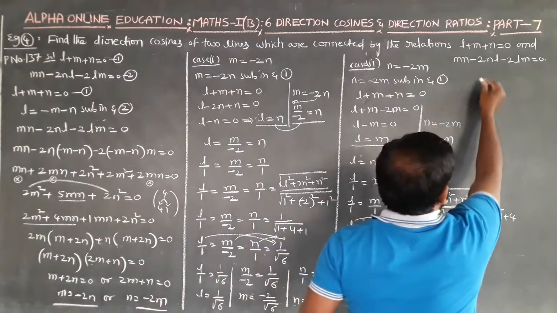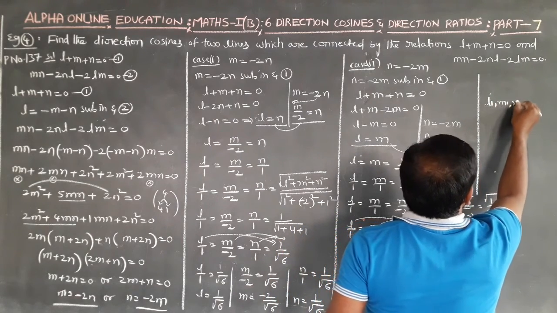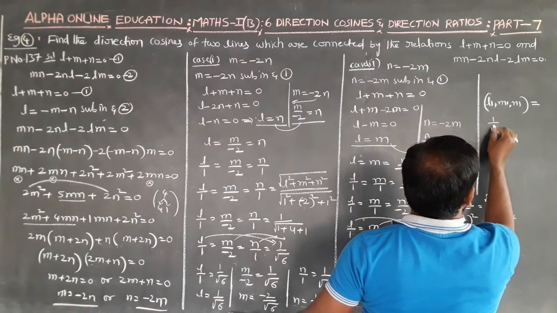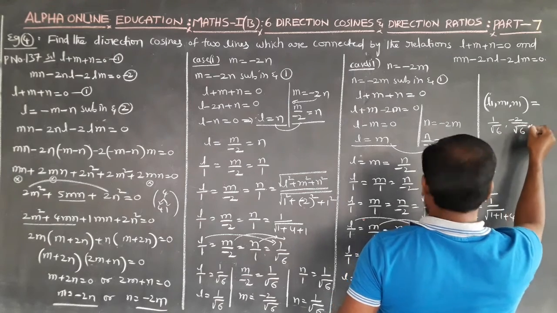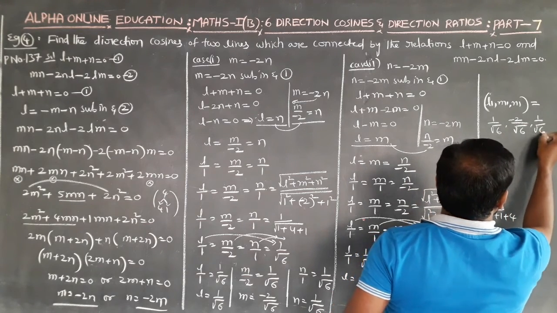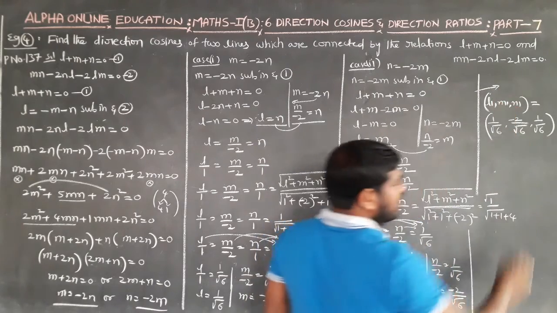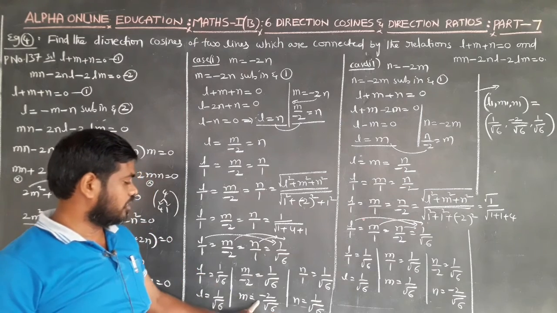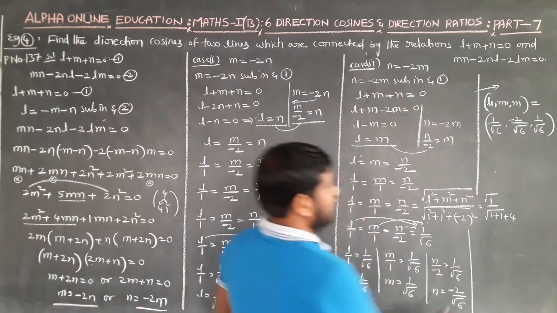First line DCs L1, M1, N1 is equal to 1 by root 6, minus 2 by root 6, 1 by root 6.